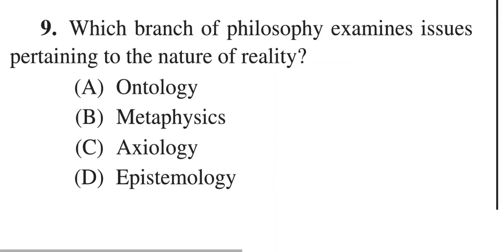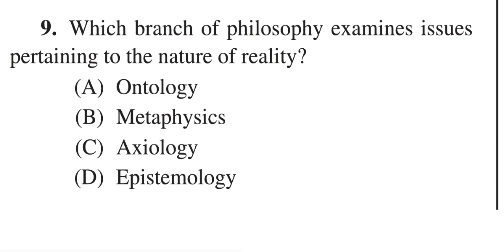Next, it says, which branch of philosophy examines issues pertaining to the nature of reality? Ontology, metaphysics, axiology, epistemology. All options are important for you because so many questions may come related to these options.